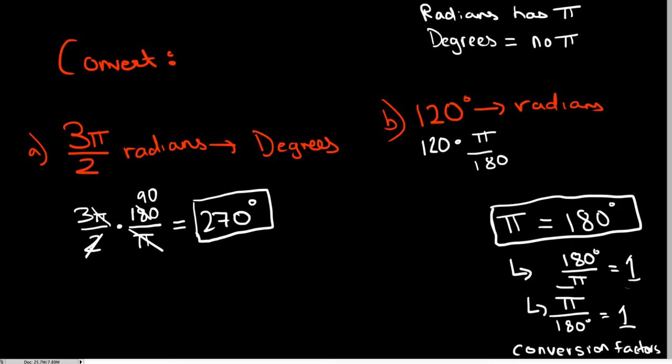So I'm just going to cancel things out in a different color. So 120 and 180 cancel, and this is basically 6 over 9, which is 2 over 3, I believe. So this is 2 over 3, and this just ends up being 2 pi over 3 radians.